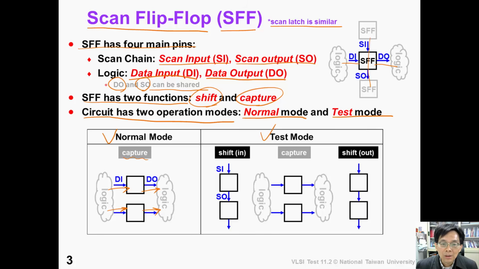In test mode, the scan flip-flops are first configured to perform a shift operation, so we can shift in our test pattern. Then the scan flip-flops are configured to capture the response from the logic for one or a few cycles. Then we can configure the scan flip-flops to perform a shift out operation so that we can observe the values in the scan flip-flops.